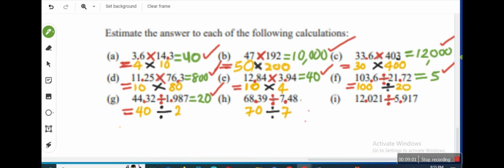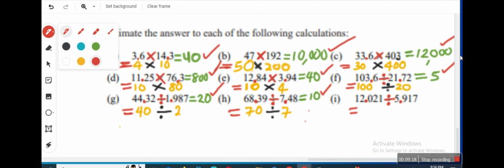Isn't it interesting? Yeah. Good. 10. Then the final one. Well, okay. This is 10.